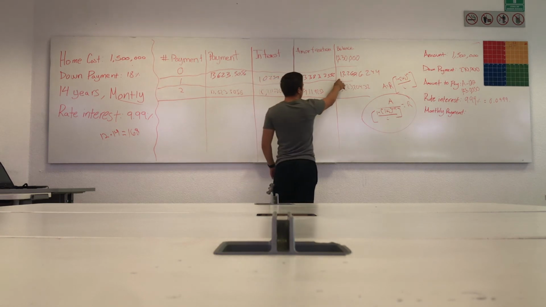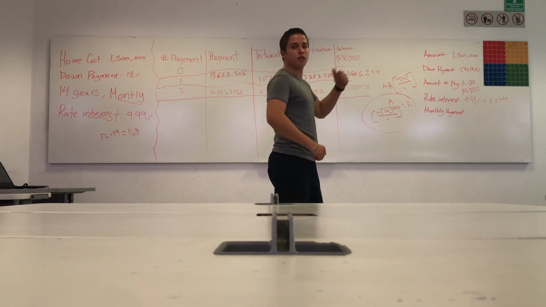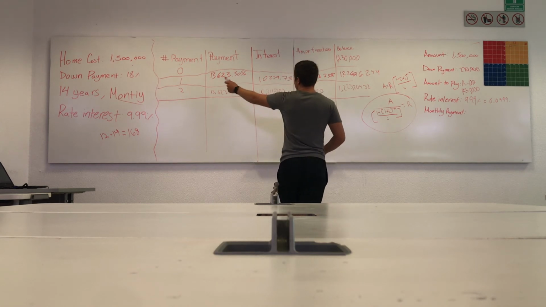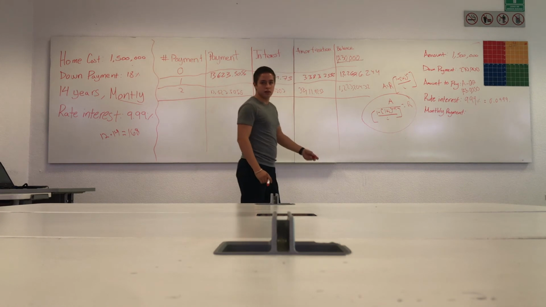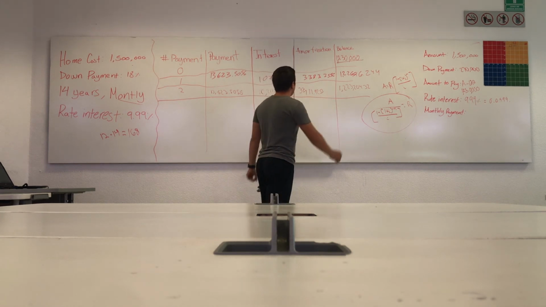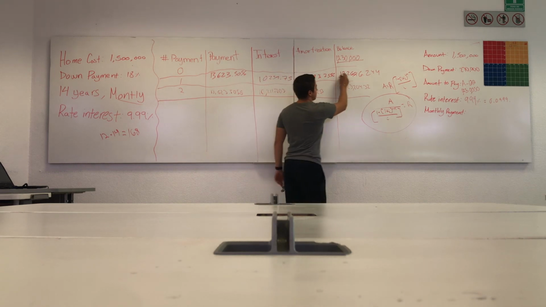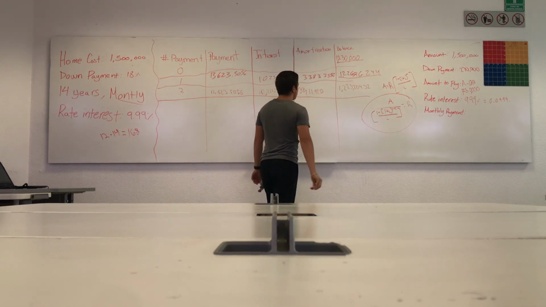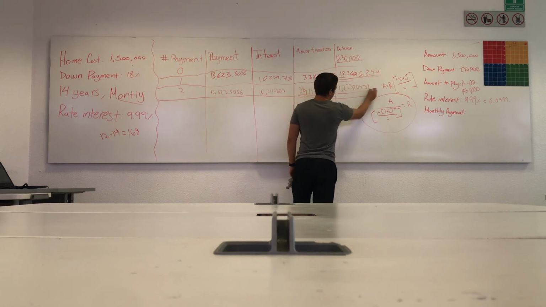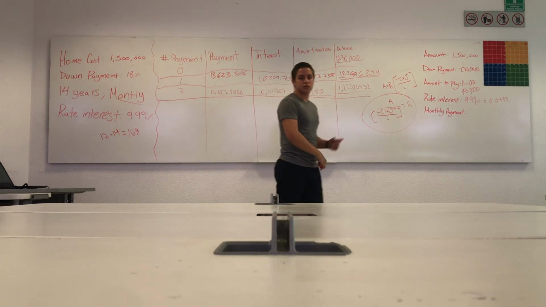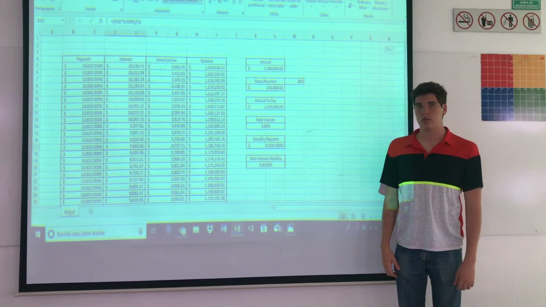And for the balance, you need to use the previous balance. For example, in payment number 1, you use the balance of payment number 0, that is the original one. So you subtract the amortization from the balance and you get the second balance. For the third balance, you subtract the amortization from the second balance and you get the third balance. You need to do that to get the exact value. So at the end, you get 0.00.